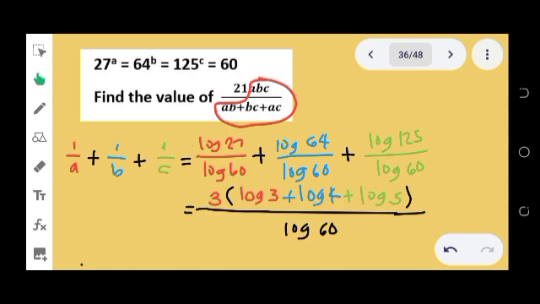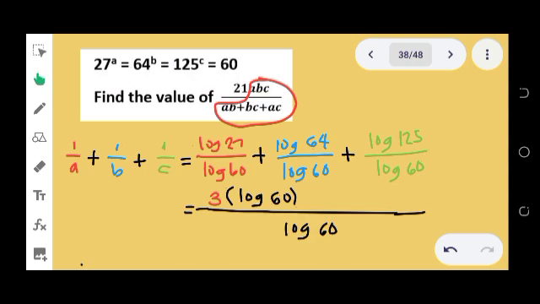Now, you have log 3 plus log 4 plus log 5. We can rewrite them as one argument under one single logarithm. We use the logarithm of a product. You have 3 times log of 3 times 4 times 5. 3 times 4 times 5 is 60. Therefore, this will simplify into 3 log 60 over log 60.